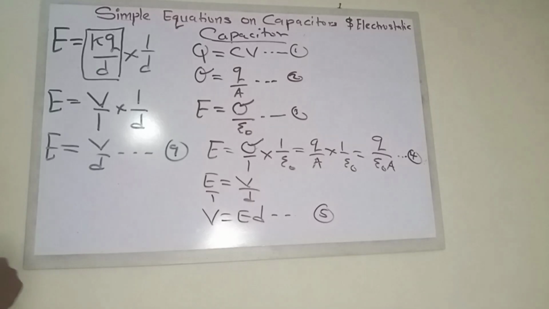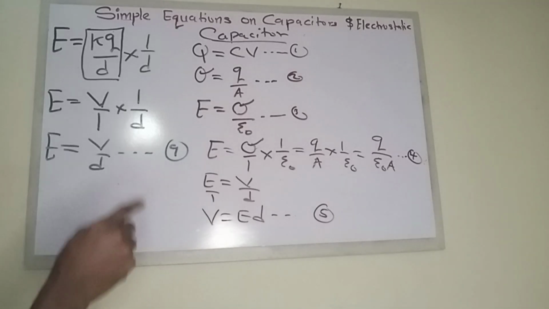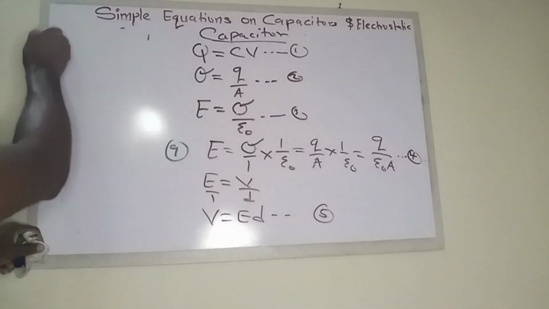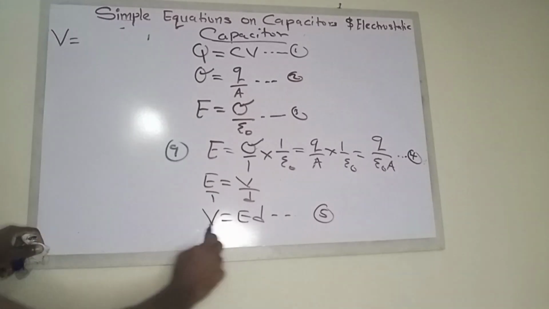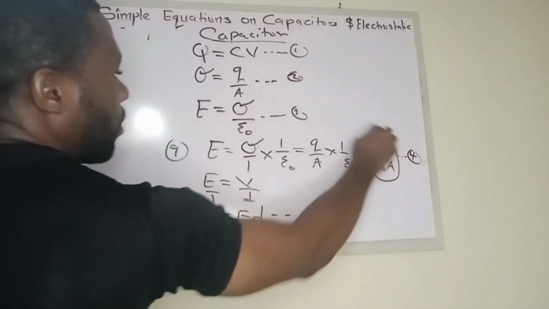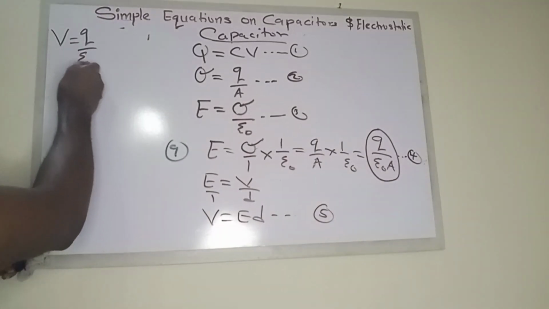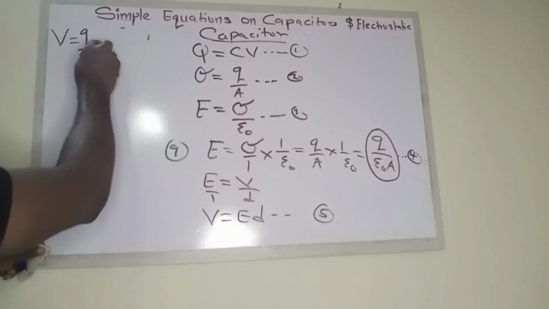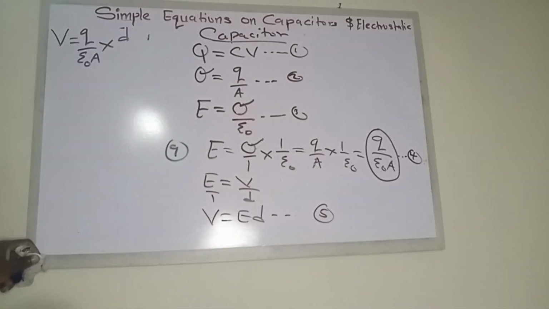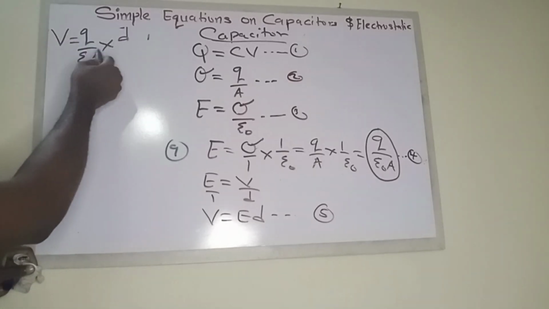At this point, let's substitute equation 4 into equation 5. Our V is equal to, what is our E? Our E is all of this: Q over permittivity naught multiplied by the area, multiplied by our D. There is nothing common here to cancel.